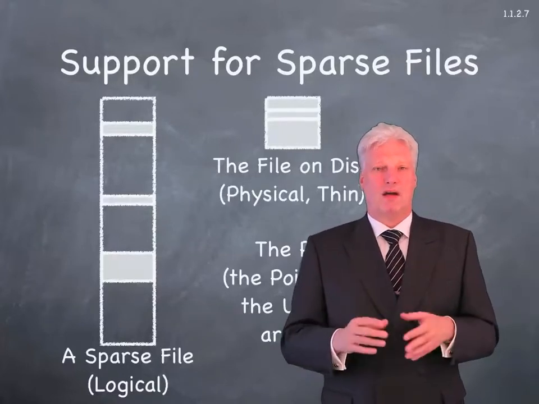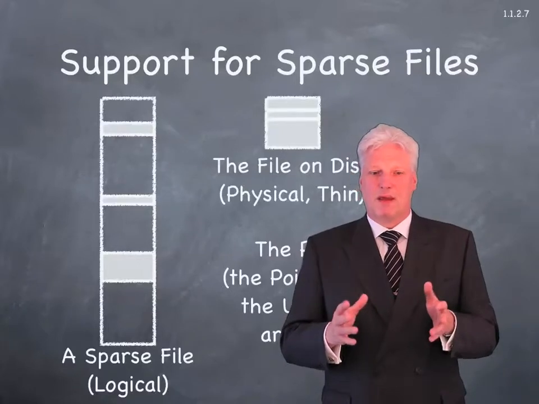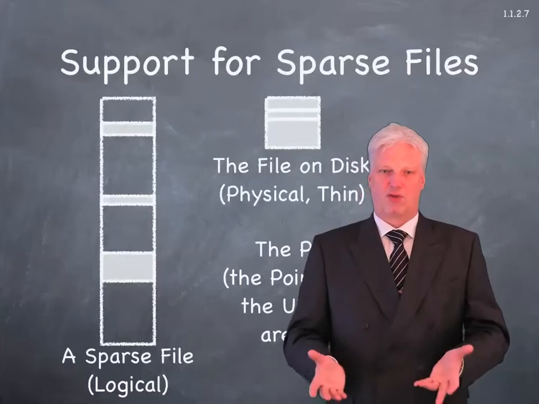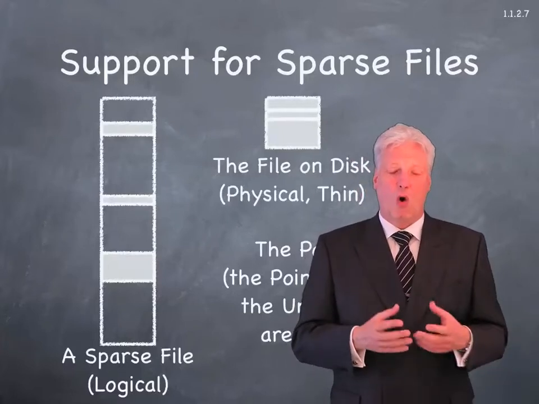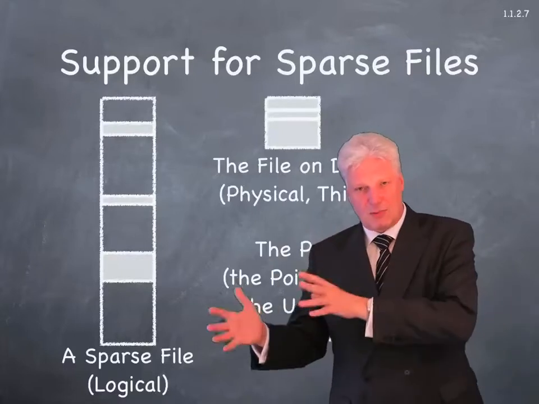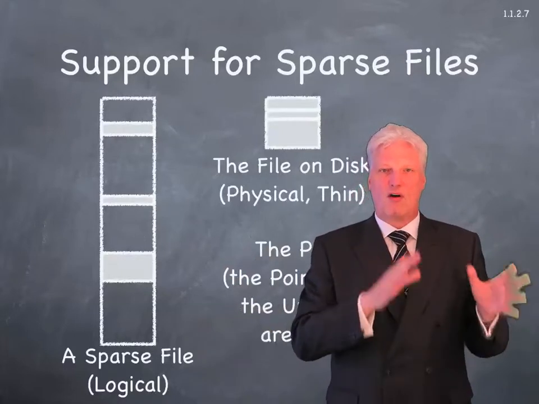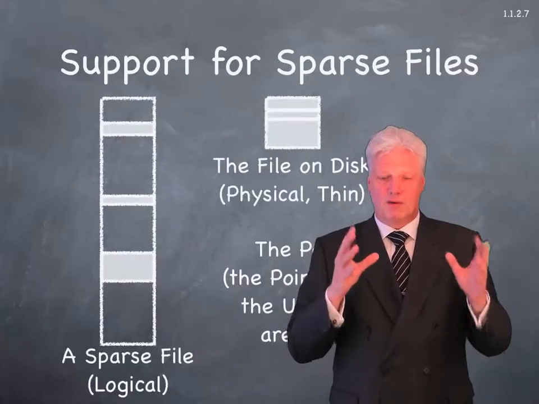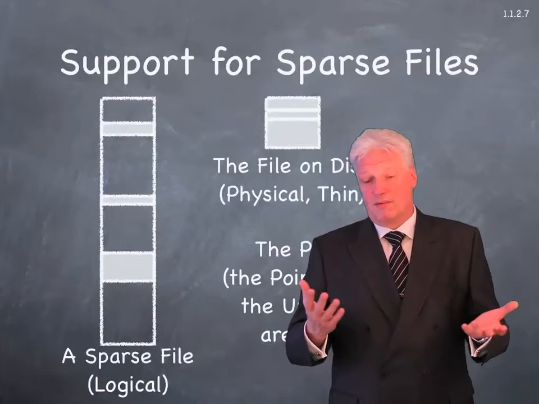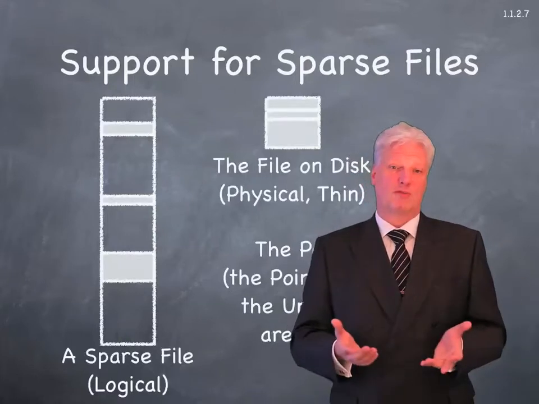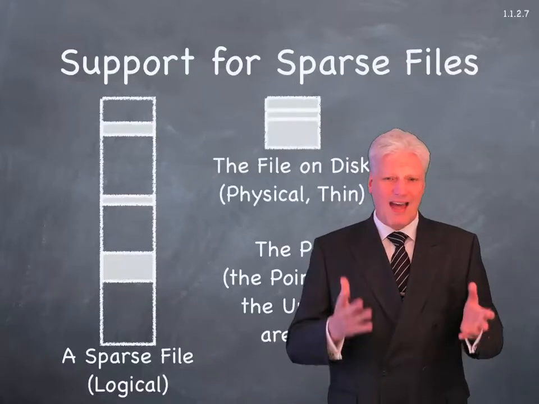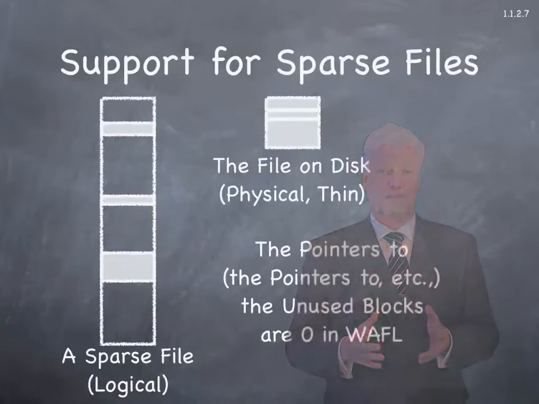You will also find widespread use of sparse files in virtualization environments, where either a virtual hard disk of a virtual machine is stored as a sparse file, or when one of those virtualization products is going to make snapshots. So not the snapshots of the NetApp storage system, but the snapshots of the virtualization system. Those snapshots are being stored as sparse files typically as well. The filer is capable of natively supporting sparse files, and doing that in a very, very efficient way.